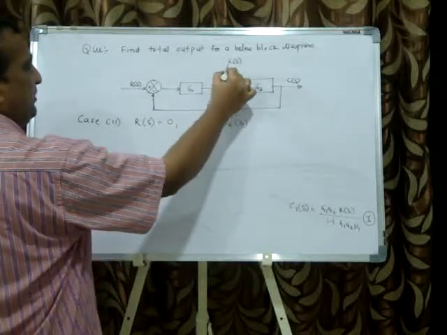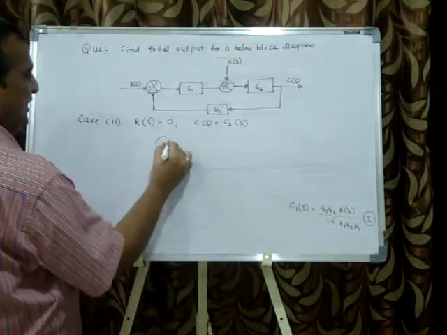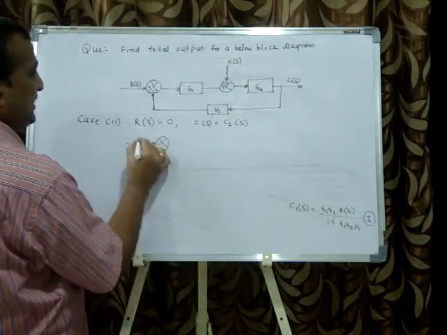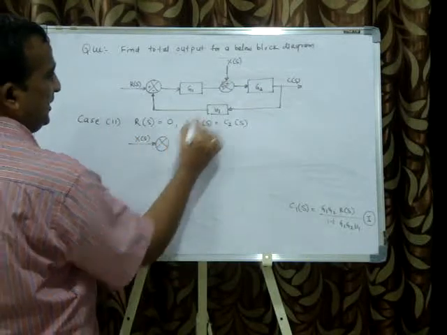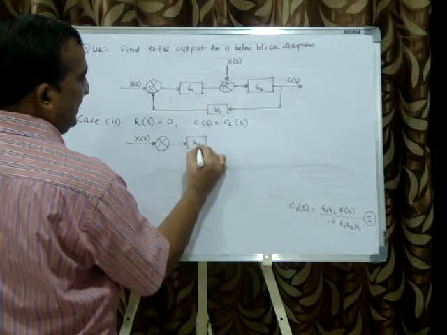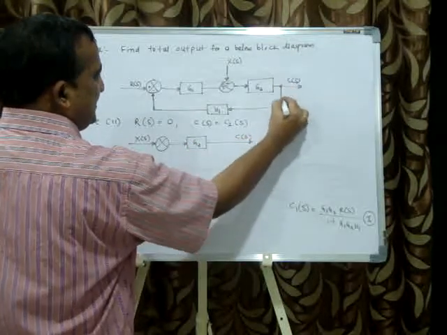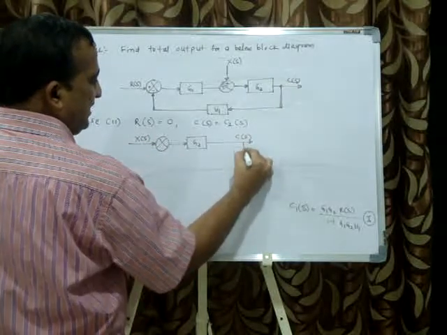So I'll start from here, because this is 0, I'll start from input to output. So I'll redraw like this. The input is X of s, and I'll go to output G2, then C of s. Then from C of s take a point.